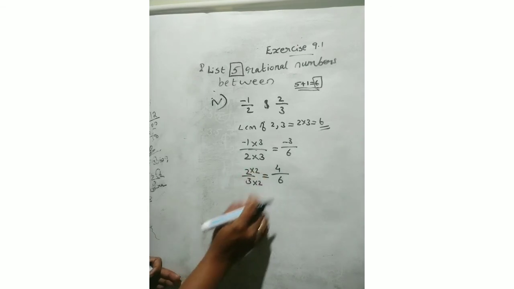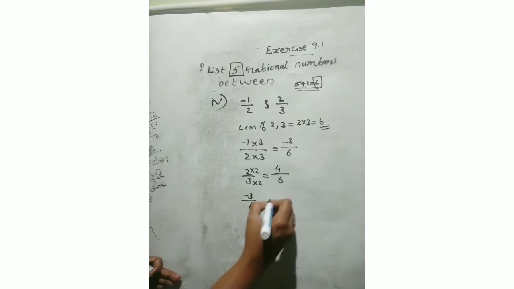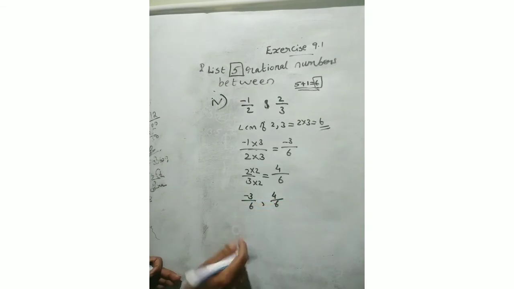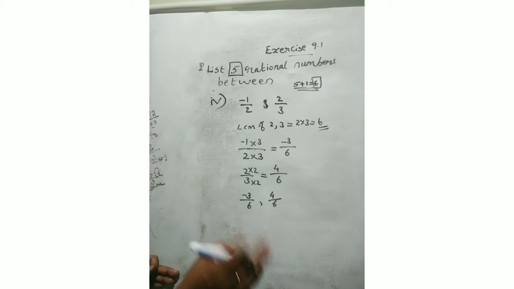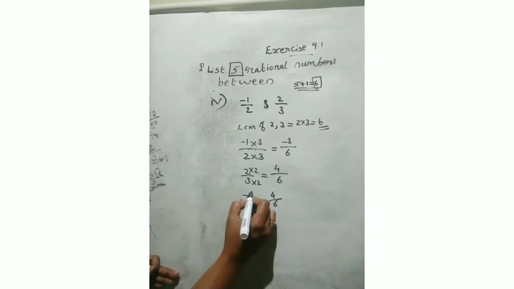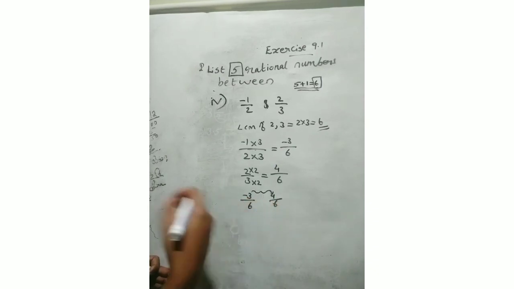Okay, then it is very easy. We don't want to find extra new rational numbers. In the middle of these two rational numbers we can find many rational numbers.